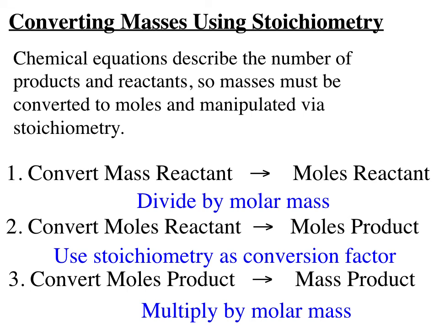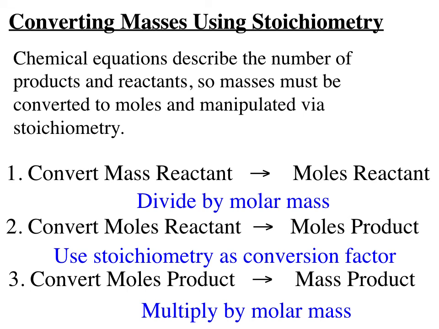The stoichiometric coefficients tell me the number of reactant molecules in relationship to the number of product molecules. The mass just simply tells me how gravity is pulling them to the earth, the kind of force that they will exert on this planet.